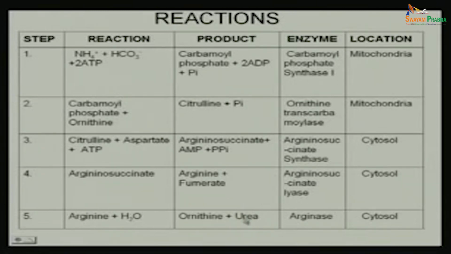Urea goes out of the system, and ornithine from the cytoplasmic fluid enters the mitochondria once again to carry on this cycle. This way the cycle goes on continuously inside any living system, and urea is generated and goes out of the living system.